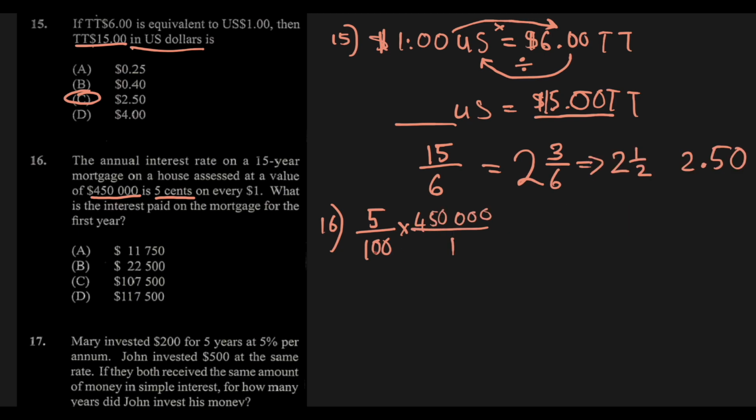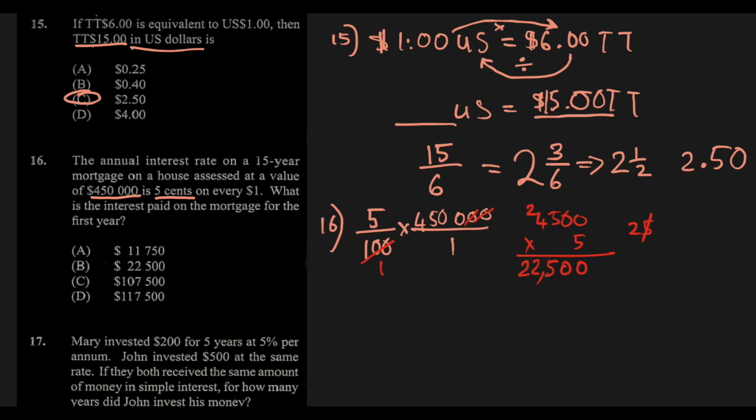100 can go into itself once, and all I need to do is get rid of the two zeros in each. I'm left with 5 times 4,500. 5 times 0 is 0, 5 times 0 again is 0, 5 times 5 is 25, put down the 5 and carry the 2. 4 times 5 is 20, plus 2 is 22.